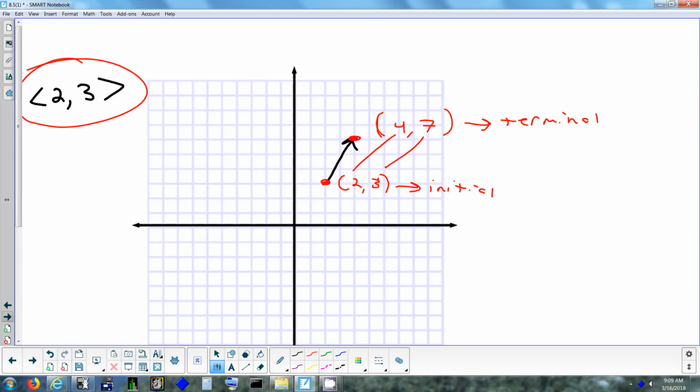Did I count them? 1, 2, 3, 4, 5, 6. 4 minus 2 gives you 2. 6 minus 3 gives you 3, as long as you label your points right. So you subtract them, and you have to do terminal minus initial.